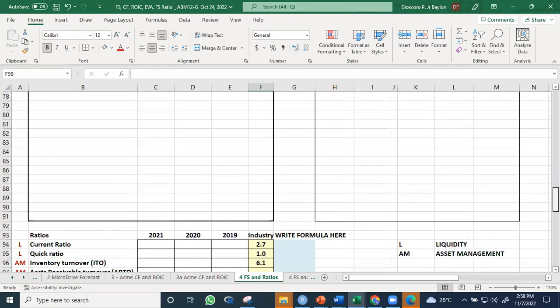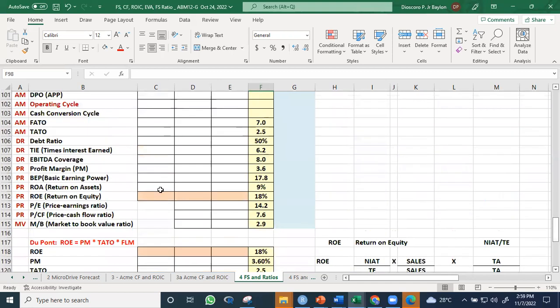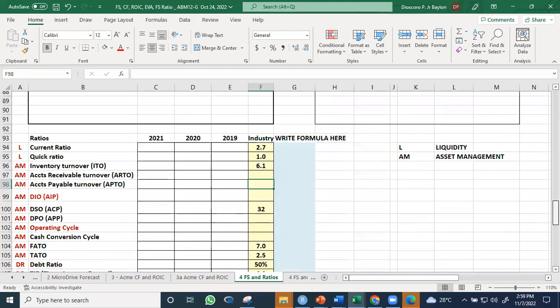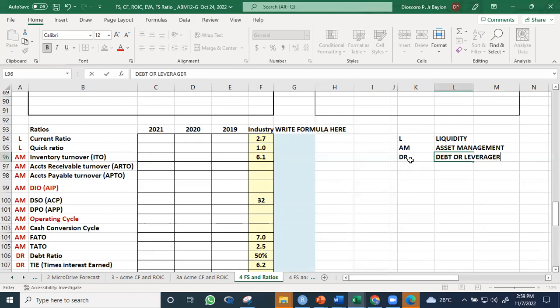All right. So asset management. Then we also have DR, which stands for debt ratios, or others call it leverage ratios.